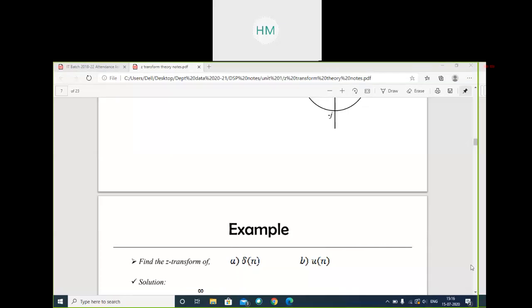So what is the answer? Yes, Charu. Jaya. Pratibha.